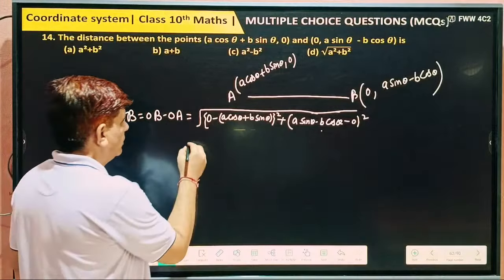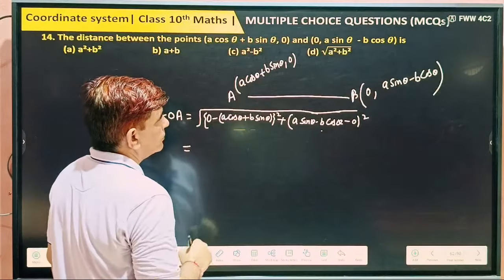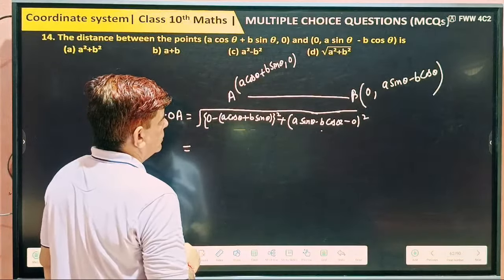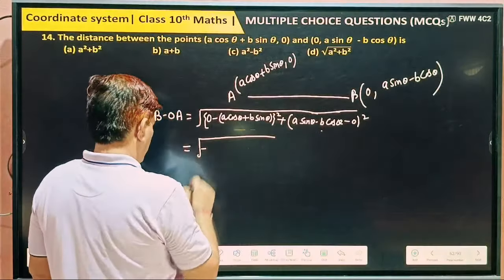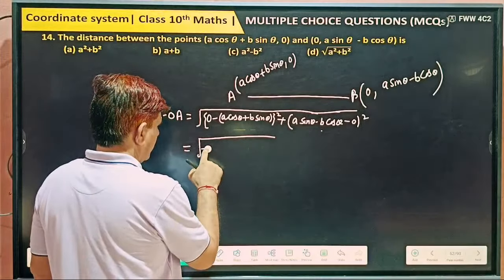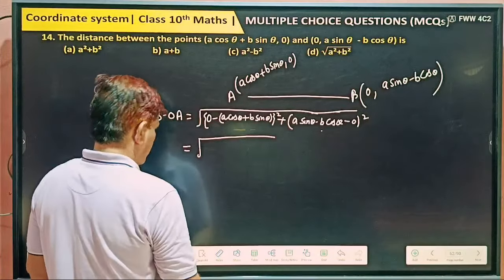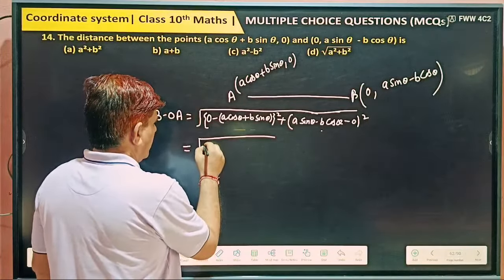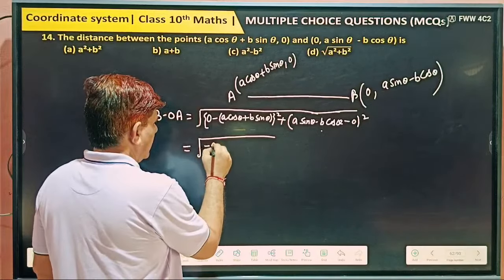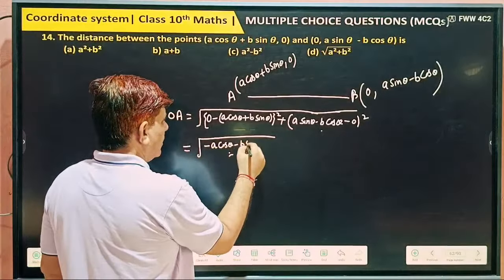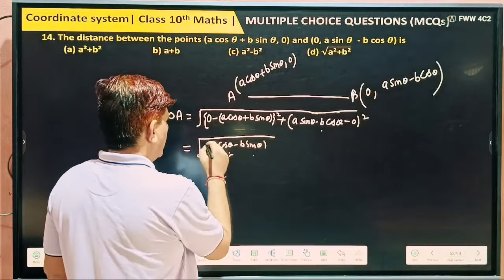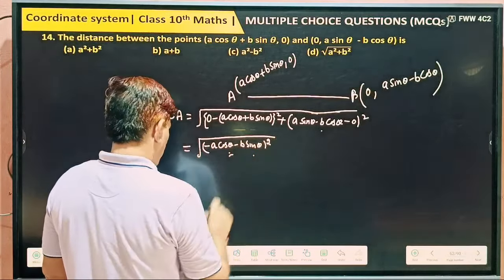So find out what you have to find out. Minus A cos theta minus B sin theta, whole square.